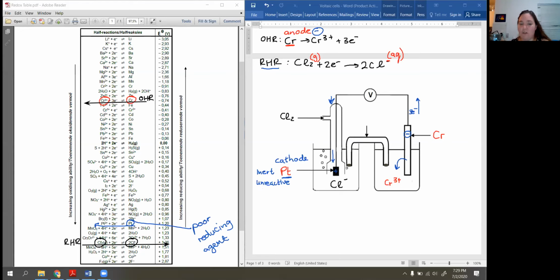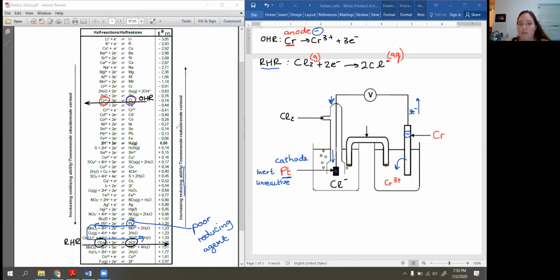We can safely assume that if there's anything below here which it might have reacted with, there will actually be a better reducing agent above it. So for example here, even though the platinum could reduce the chlorine to chloride, so even though I could technically have this reaction here happen, it won't happen because chromium, which we do have, is a better reducing agent.